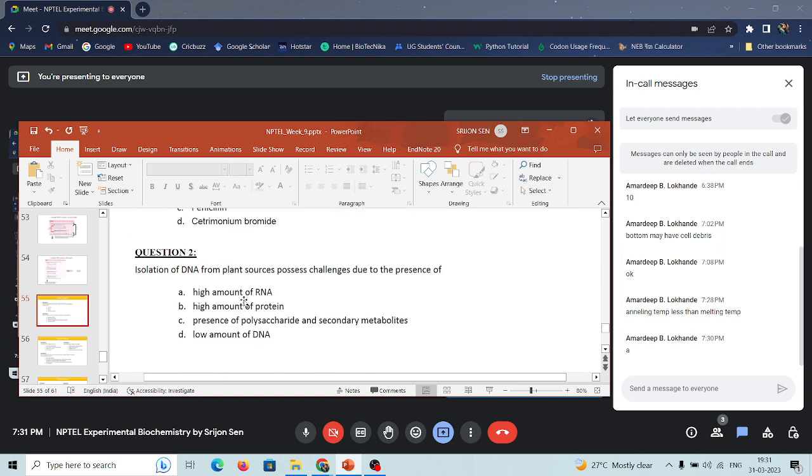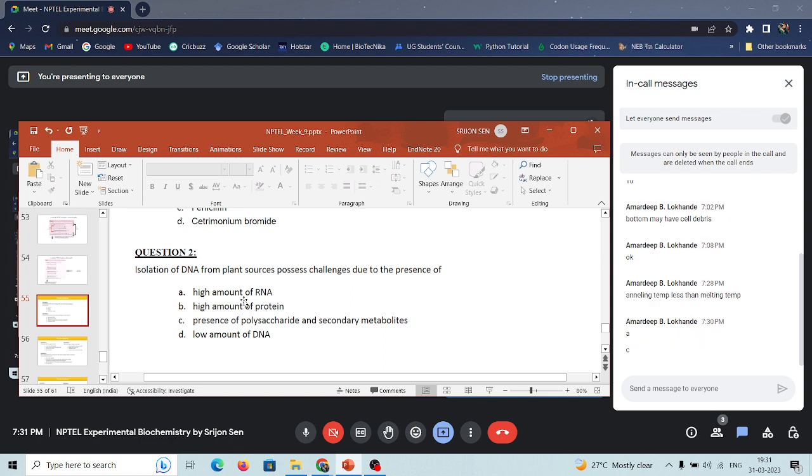isolation of DNA from plant sources poses challenges due to the presence of. Okay, so as I was teaching about the carbohydrates and the different metabolites and all, sometimes proteins.